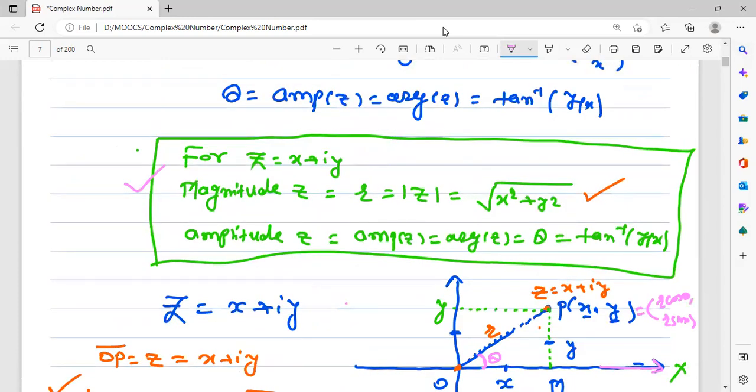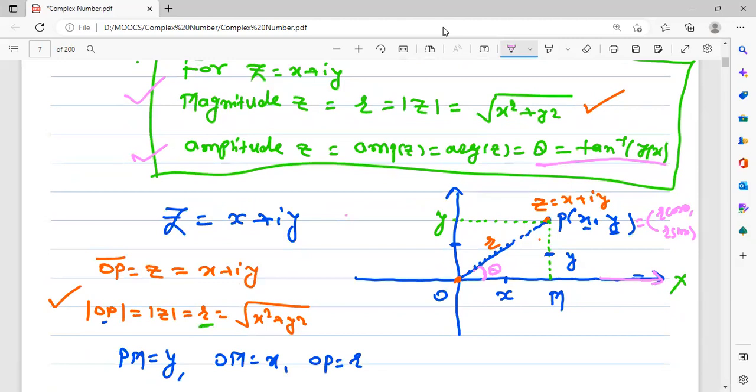The magnitude of z, the magnitude of the complex number, is nothing but the distance between the point P corresponding to this complex number and the origin. Every complex number will be a point P, and the distance between the origin and this point P is our modulus. And amplitude is the angle made by the position vector OP with respect to the positive x-axis. This theta is equal to tan inverse of y divided by x.